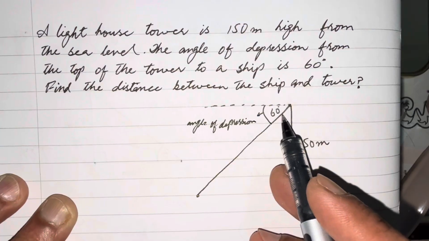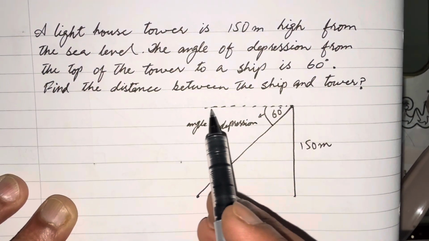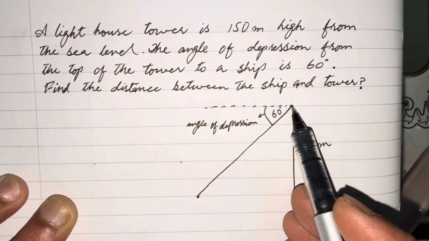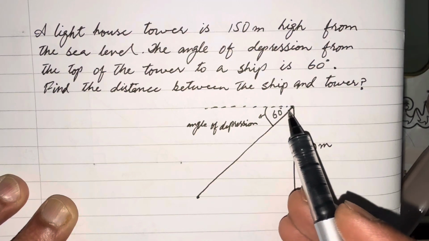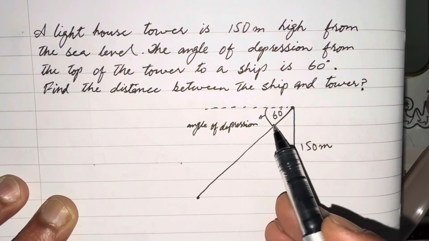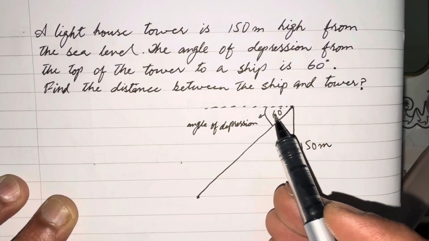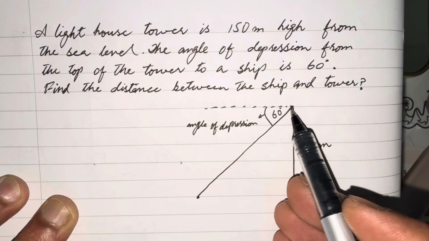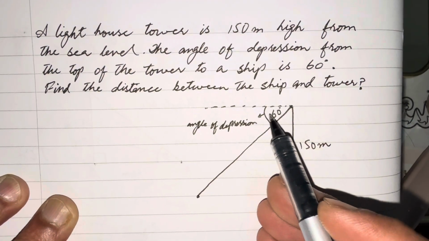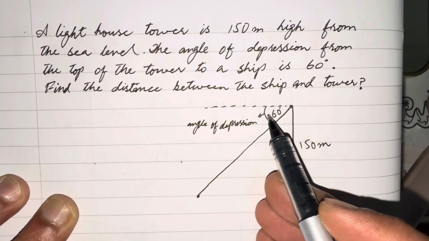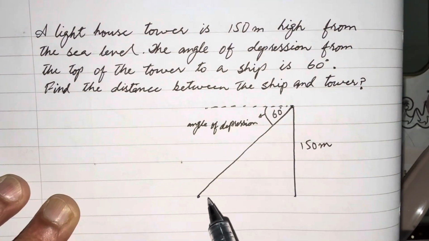We can say the angle made with the horizontal line at the top of the tower is 60 degrees. This angle of 60 degrees, made from the top of the tower to the ship on the outer side of the right angle triangle, is called the angle of depression.